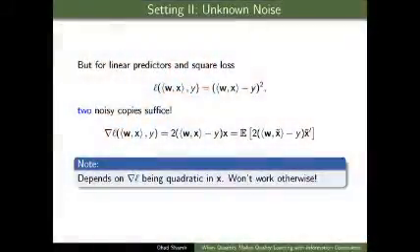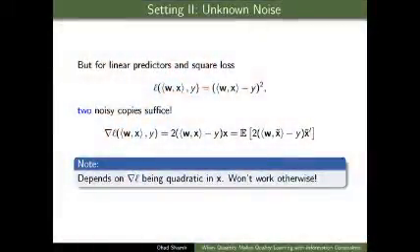The crucial point is that the optimal predictor for this is not the optimal predictor for this, and vice versa. But based on the data given to the learner, he cannot know which setting he is in. So it's information theoretically impossible for him to decide what the optimal predictor is. With one noisy copy, it's simply impossible.